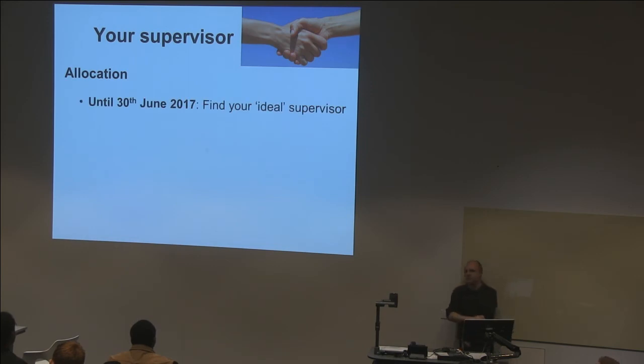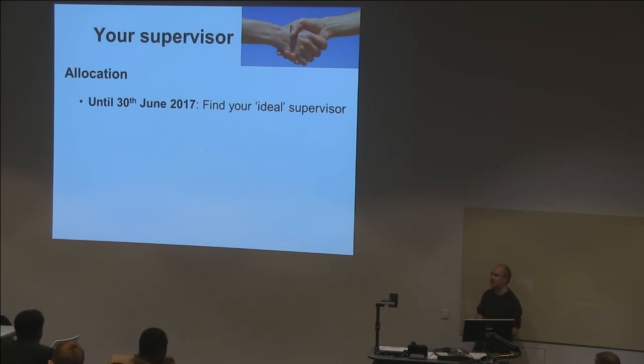So, how do we allocate supervisors? Yeah? So we have a first deadline, which is end of June, so it's a bit in 2 months' time. Yeah? You tell us which supervisor you want. Okay? And how you do it, you contact a supervisor, you have a chat about the project you want to work with.